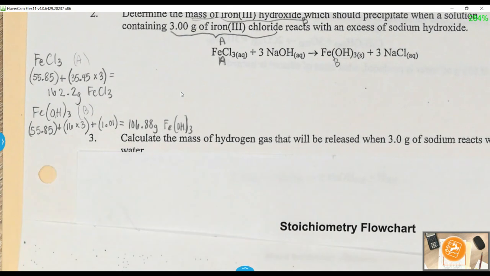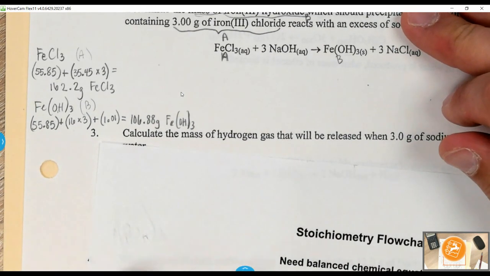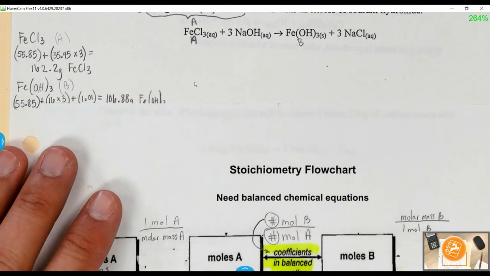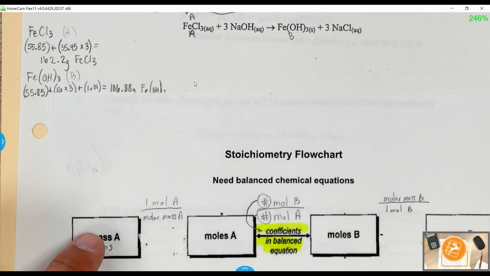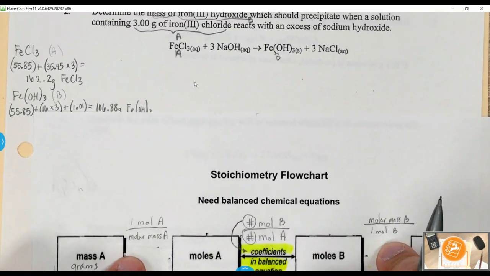So now I pretty much just go back to my chart. Going from grams of something to grams of another. So we need to go here to here. So you got to use all 3 conversions. So how do I go about it?